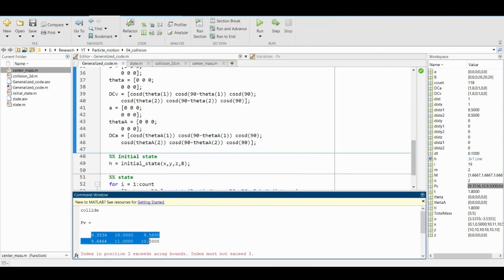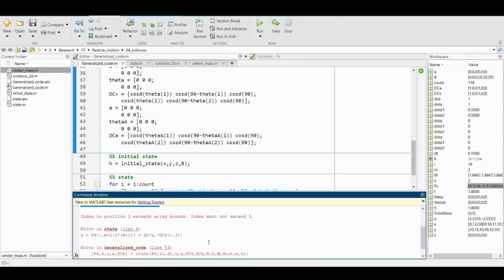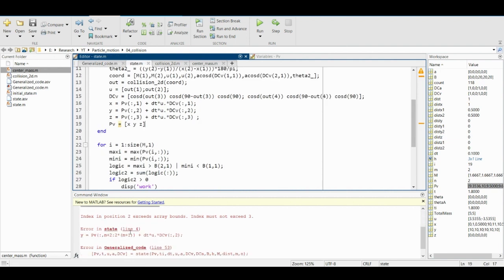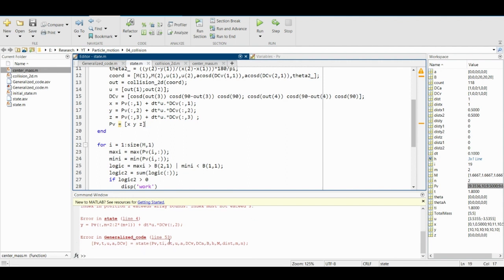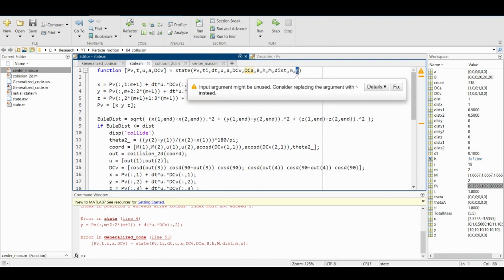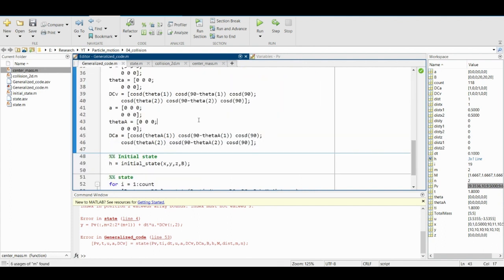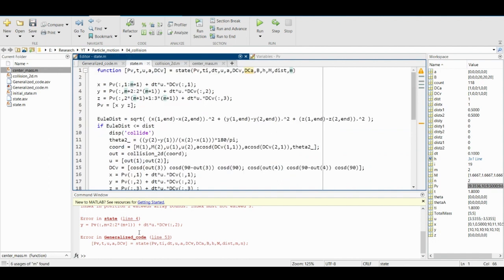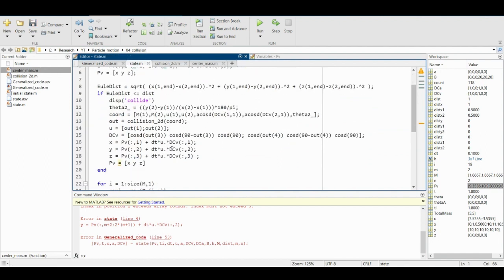They are colliding, and the position vector, it must not, it makes not this. So the error is in... one thing is there. M was needed and was not needed, so just delete this thing out for starters. Okay, let me see the error now.